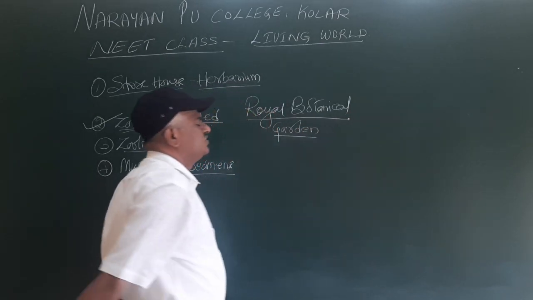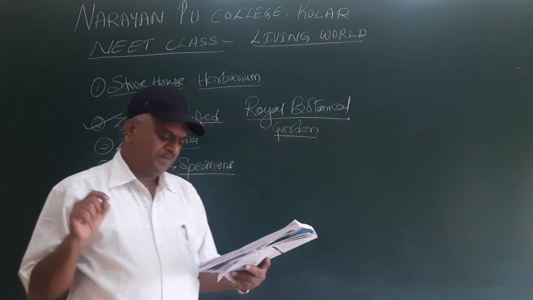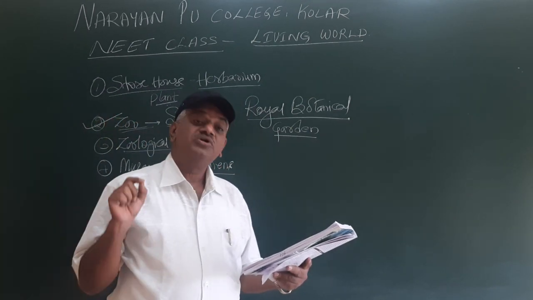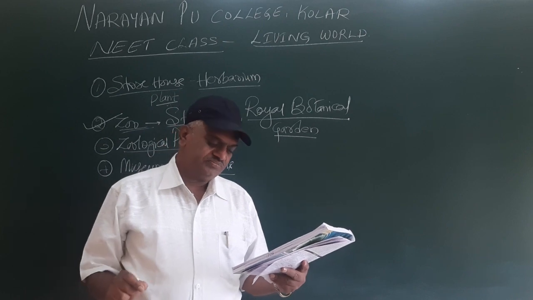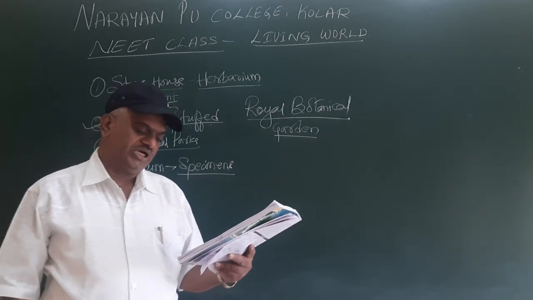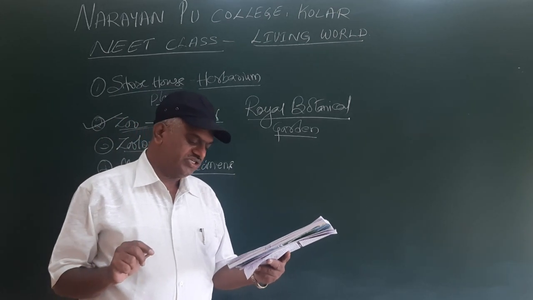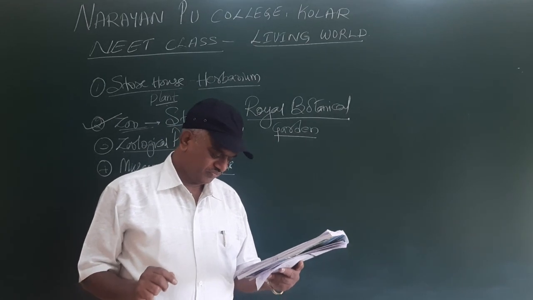This is called the biggest botanical garden, and it is present in, first option India, second option England, the third option Germany, and fourth option France. So here the right answer is England.